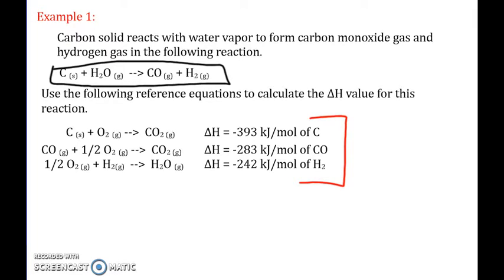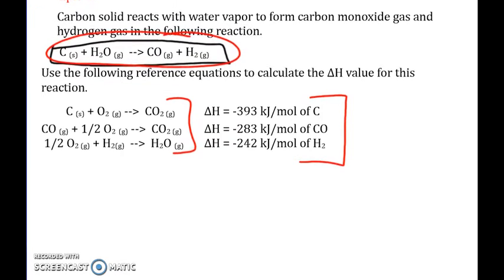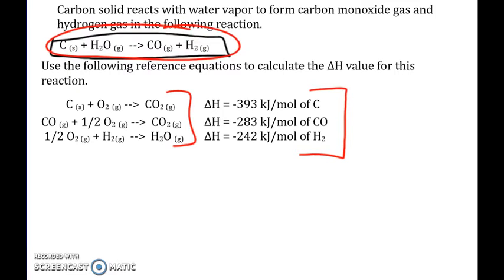So these are our three reactions. Now these three combined in some form or another are going to equal this reaction we've got up here. So how does it do that? Well, let's see what we can do. We know for starters that carbon's going to be on the left-hand side. This reaction here also has carbon on the left side, so we can simply write it out.